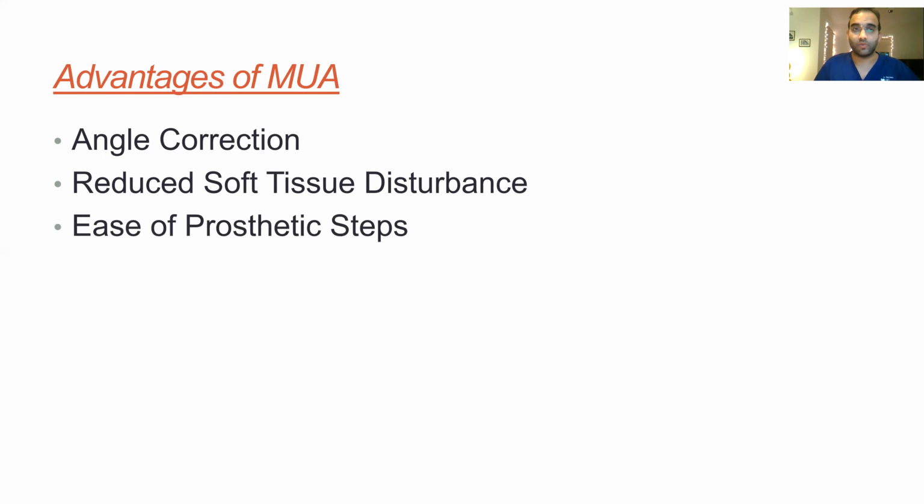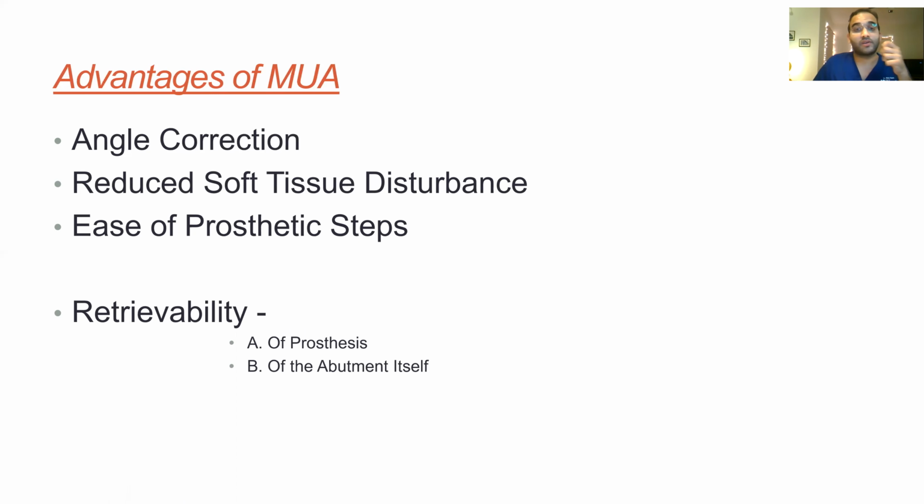But with these, the multi-unit abutment is placed once and it's there forever, which makes the prosthetic steps a lot easier. We don't have to numb the patient every time. All the impressions and the try-ins are happening above the soft tissue. And it becomes very retrievable. It takes less than 5 minutes to remove a screw-retained prosthesis.